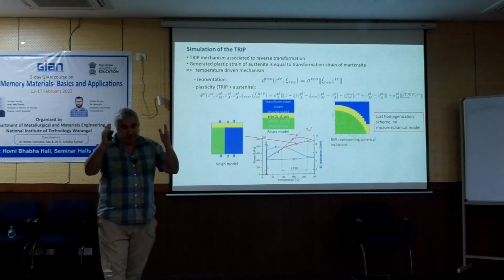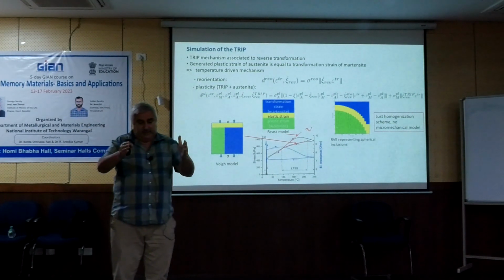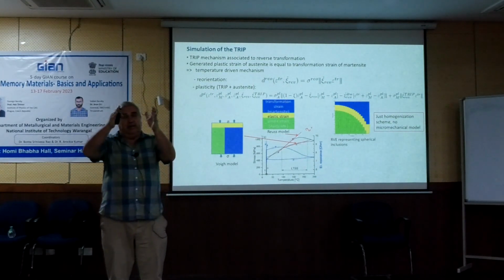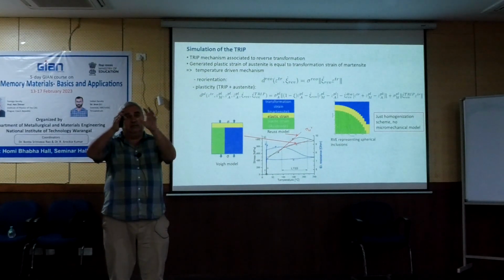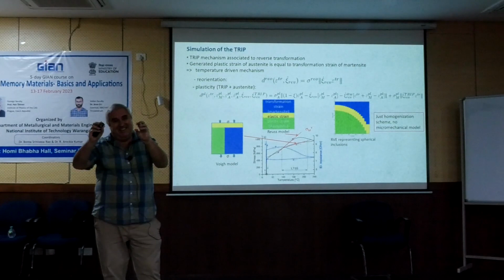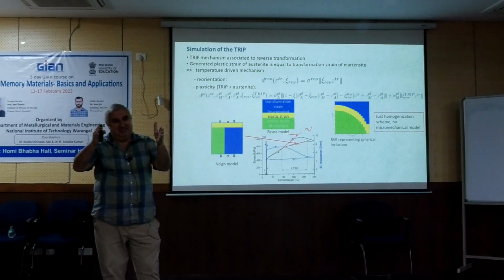This means that I have a wire. The wire is completely martensitic. I am heating it. The stress is increasing. And at constant length of the wire, this martensite is transforming to the austenite. The wire length is constant, so it means that the elastic strain is constant.